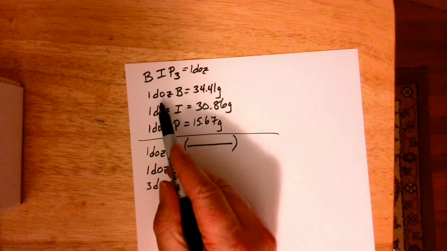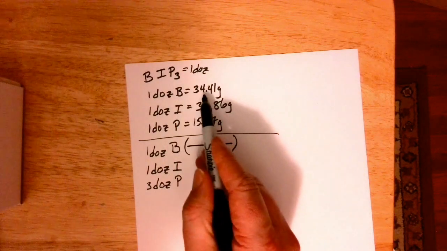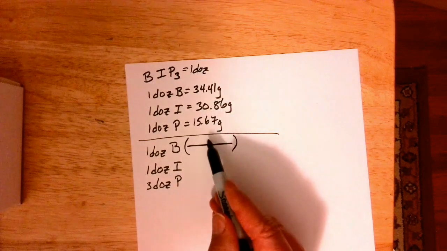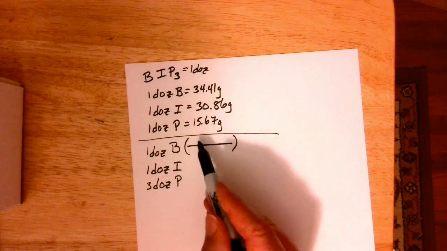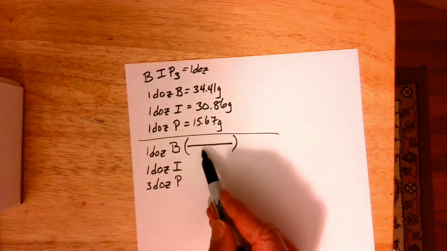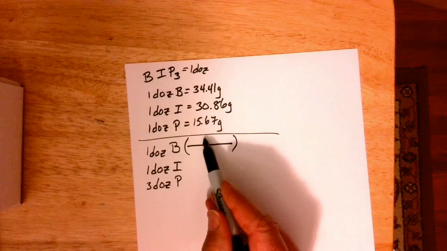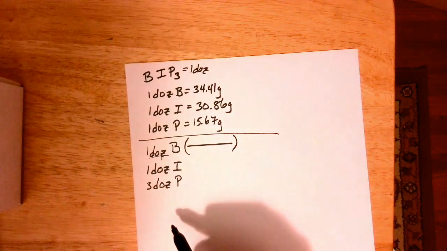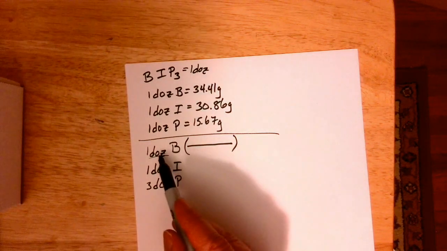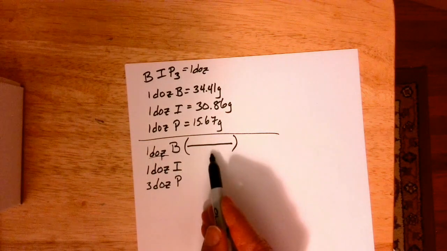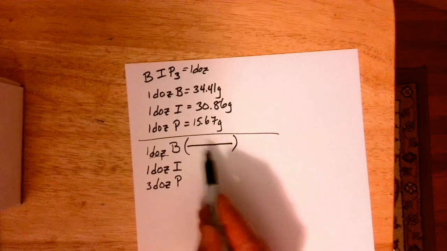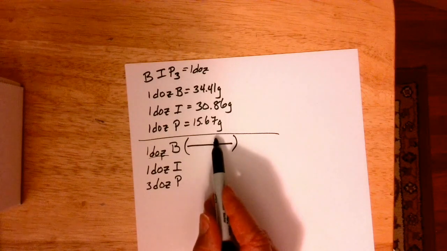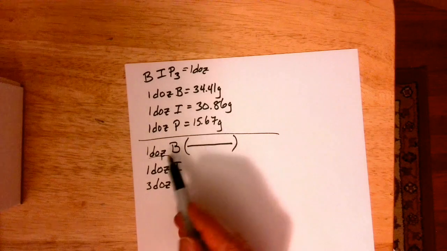I have 1 dozen binder clips is equal to 34.41 grams. So which would I have to put? Do I put dozen over grams or grams over dozen? If I put dozen over grams, if you remember, technically this whole thing is over 1. So dozen is on top. In order to cancel it out, I need dozen on the bottom. Otherwise, if I put dozen on top, I end up with a dozen times dozen, which would give me a dozen squared.